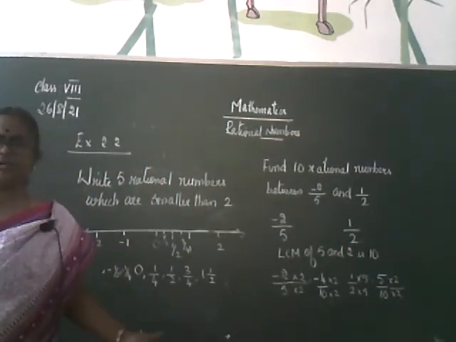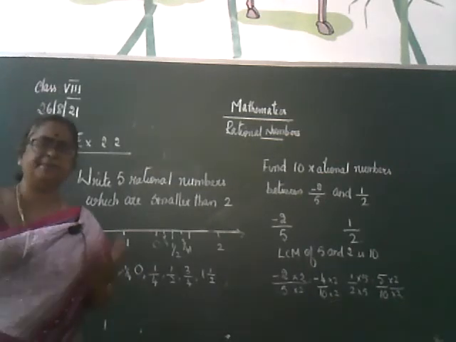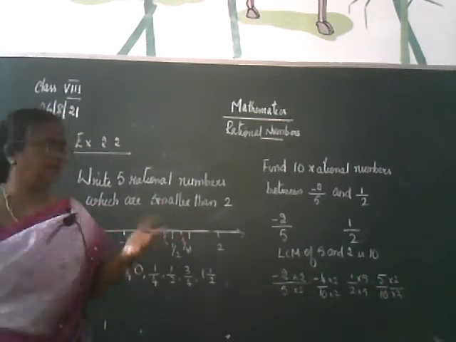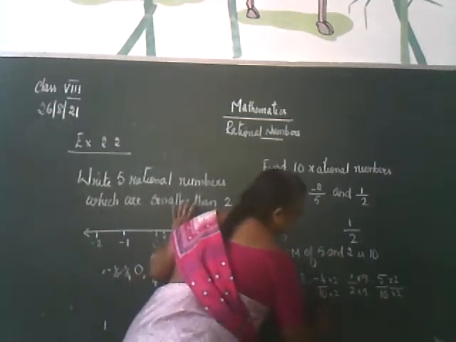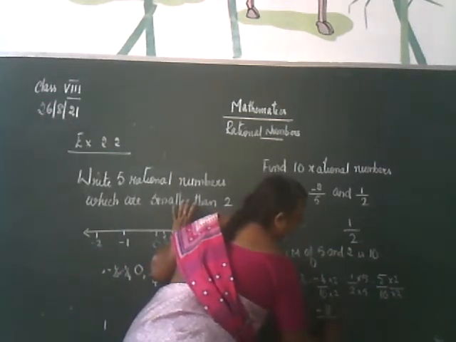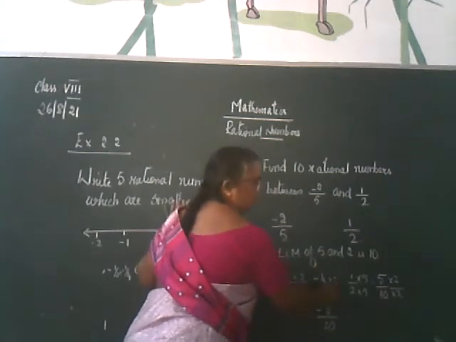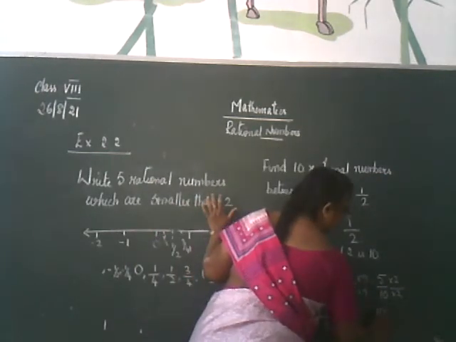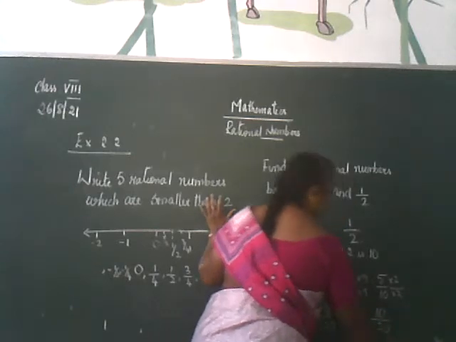If you want, you can multiply by 2, 5, 7, 10, 100, anything. So minus 8 by 20, 4 2s are 8, 10 2s are 20. Again 5 2s are 10, 10 2s are 20.